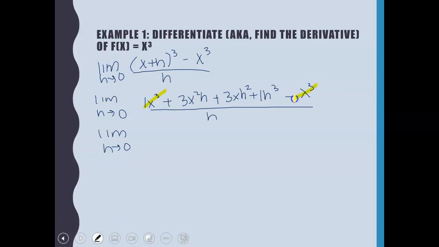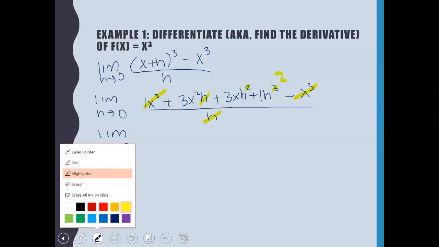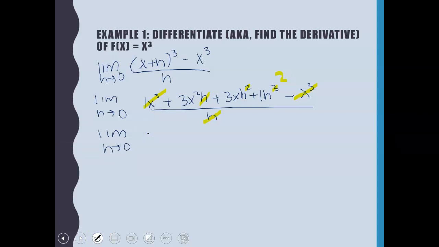So goodbye x cubed. If you really like to cancel and you don't want to write out an extra line, you could take an h away from some of your terms at this time as well. So that would leave me with 3x squared plus 3xh plus h squared.